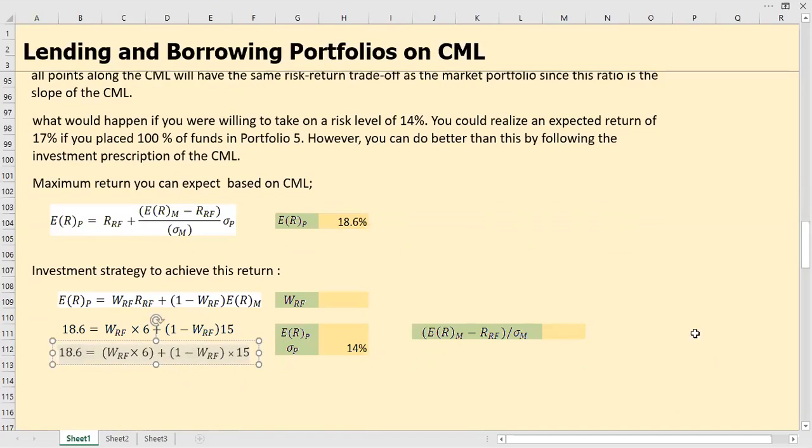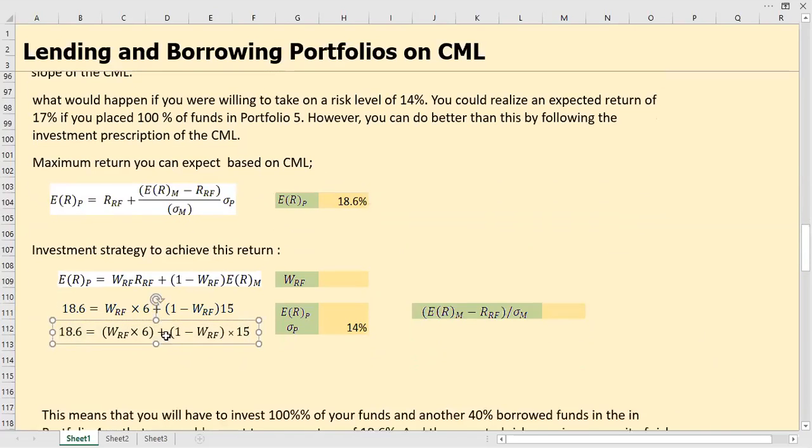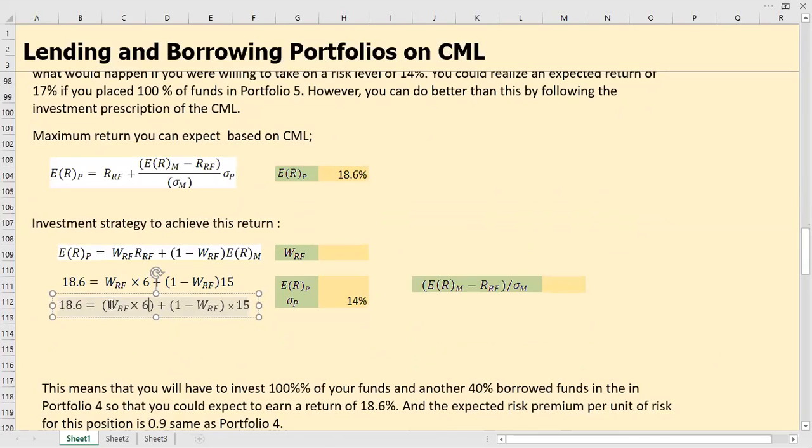Right? So again you will have these values. So you have 6 into this, plus here 15 and 15. So this is how it comes. Once you solve this particular one, you can always get the weight value here. So how are we going to solve it?